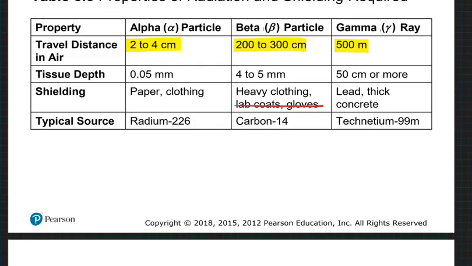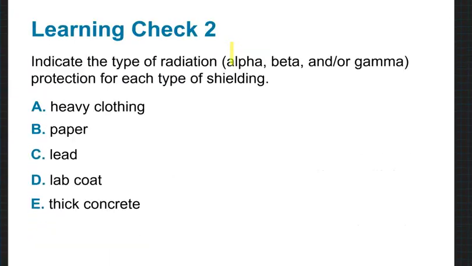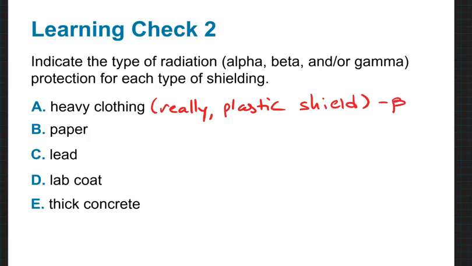So, heavy clothing, plastic shield, in reality, that's going to be what? Beta. Okay? Paper, lead, gamma.